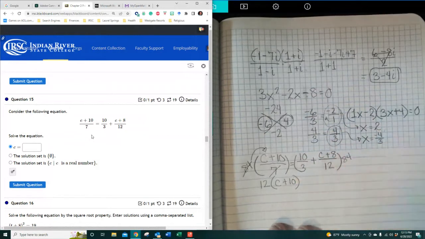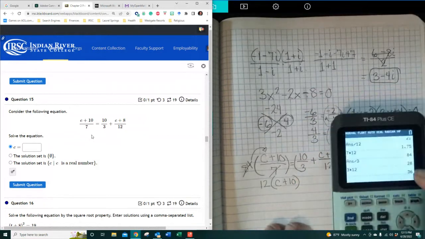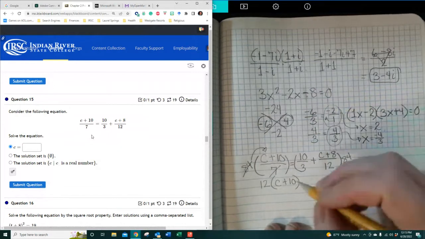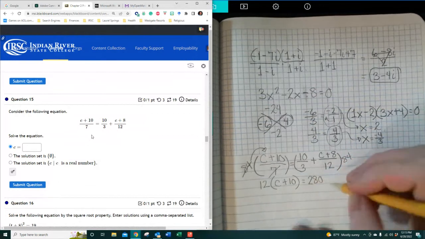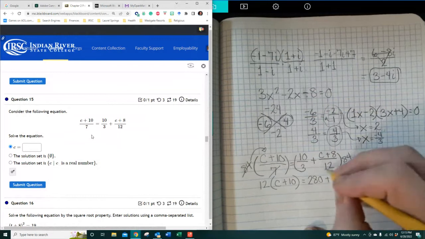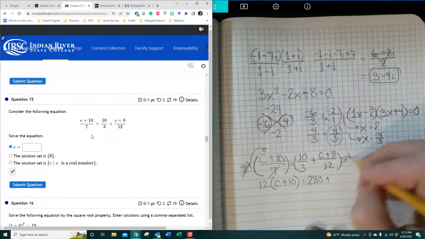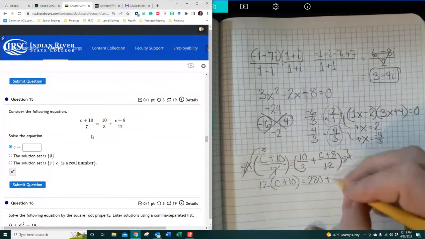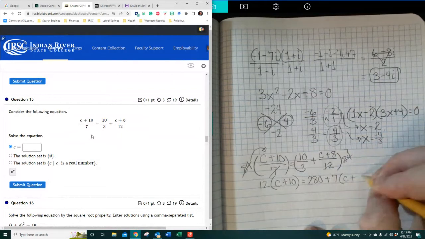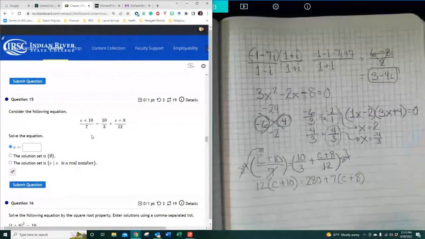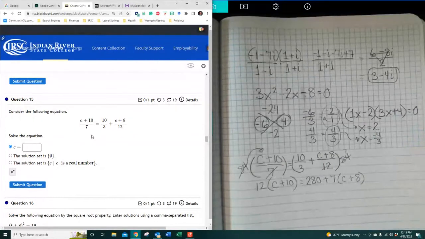And then we know that 3 goes into 84, and we've already determined it goes into it 28 times. So 28 times 10. And then 12 goes into 84 7 times. Therefore, we put 7 open parentheses, C plus 8. Okay.